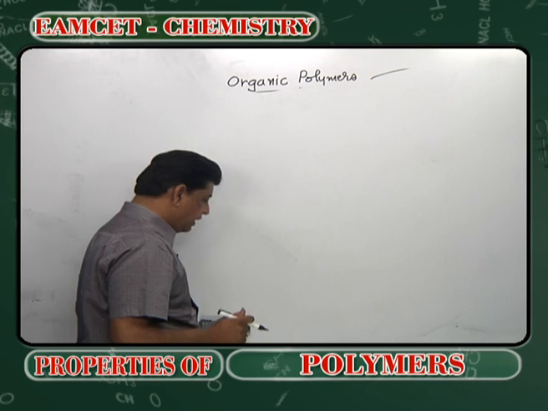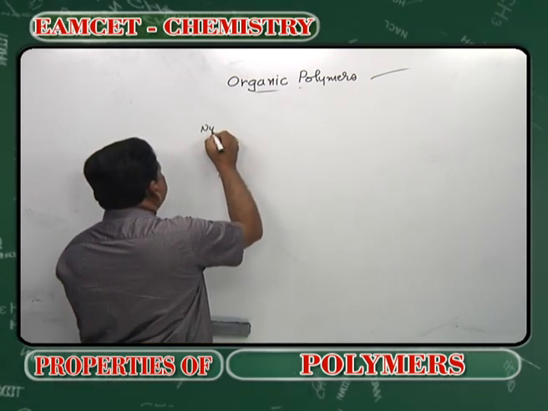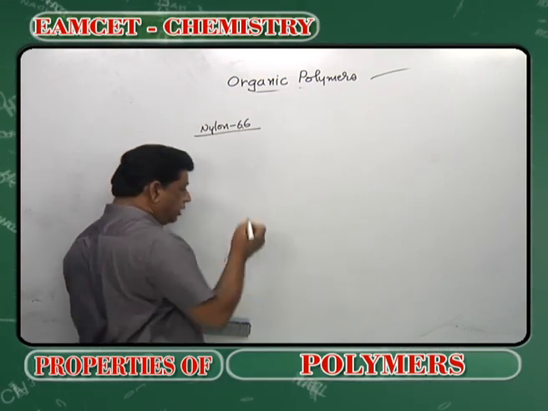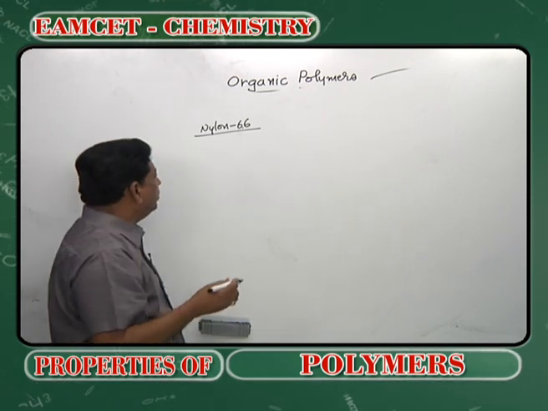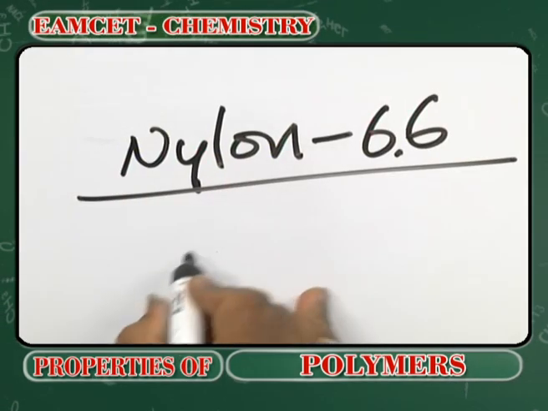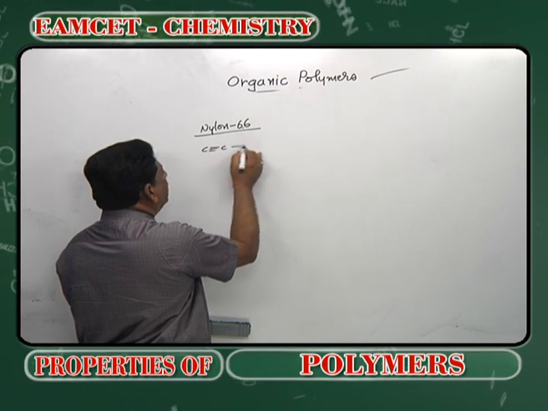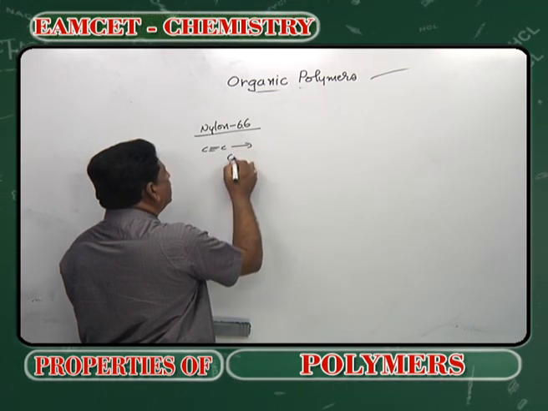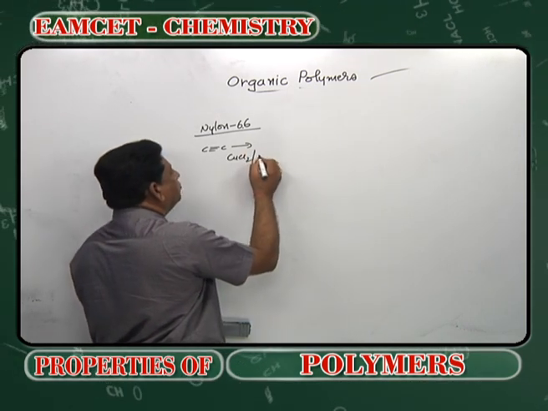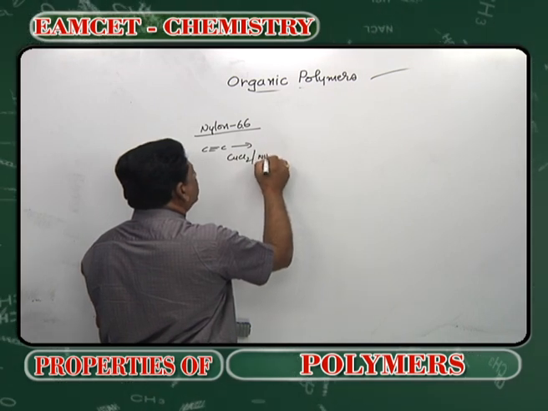In polymers you can have certain topics, like another polymer I will introduce, nylon 66. This nylon 66 is also a biodegradable type of polymer. It is prepared from acetylene on polymerization with copper chloride and ammonium chloride.